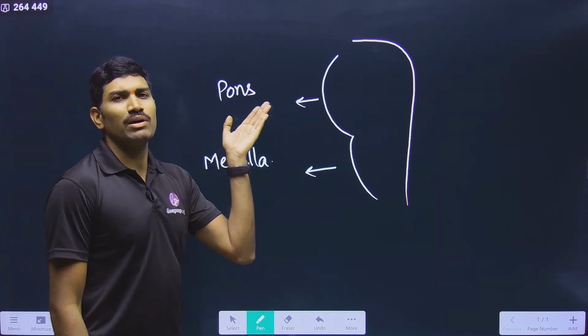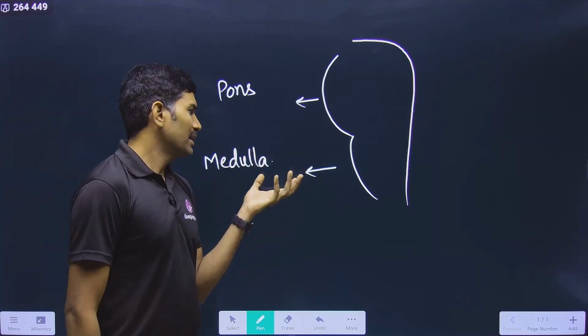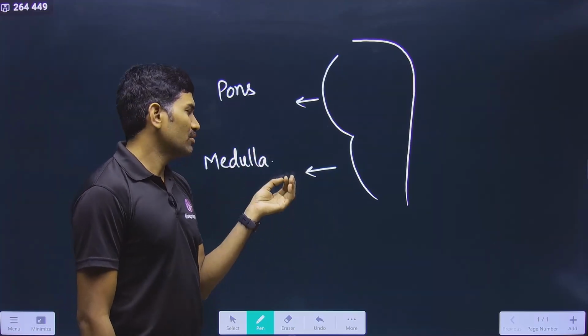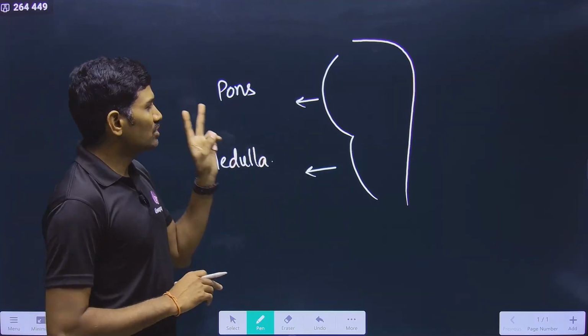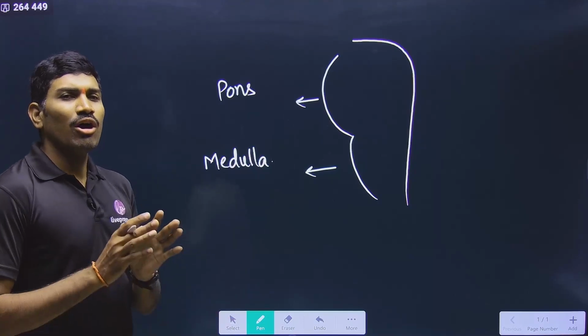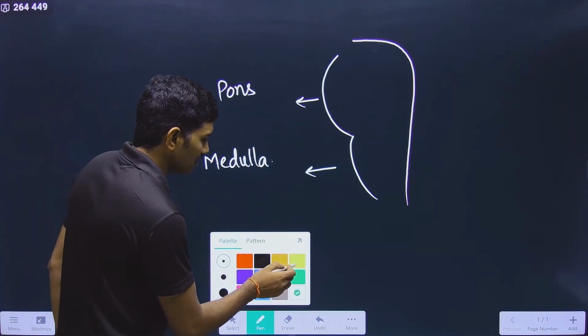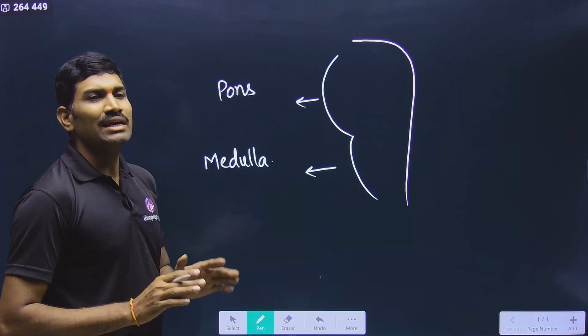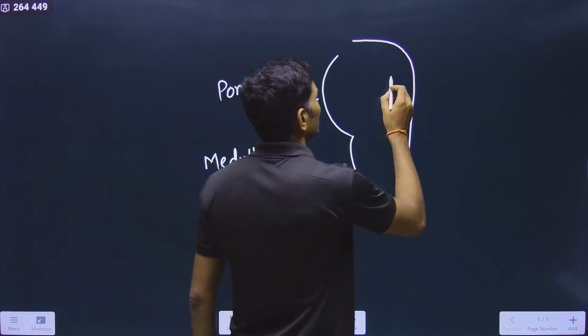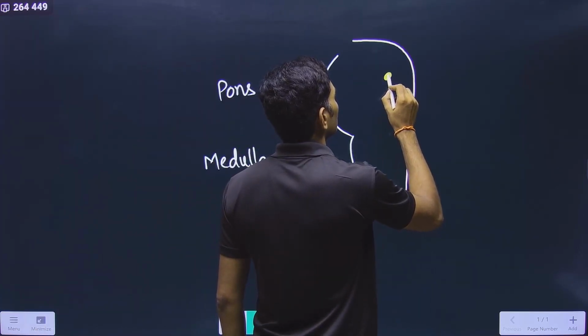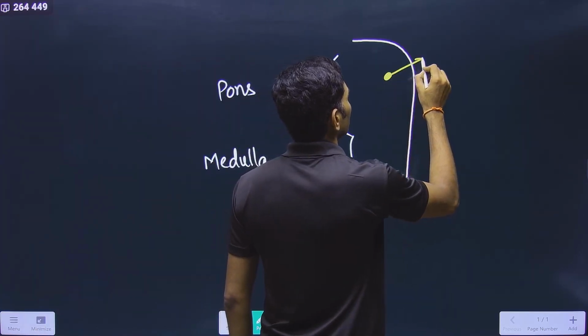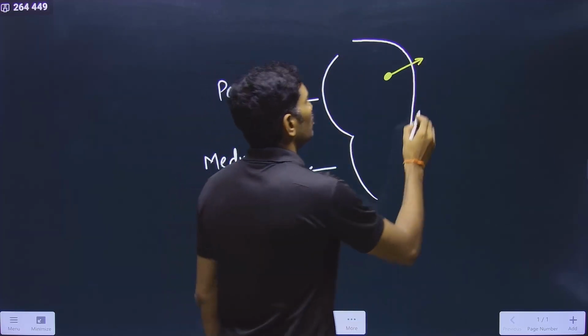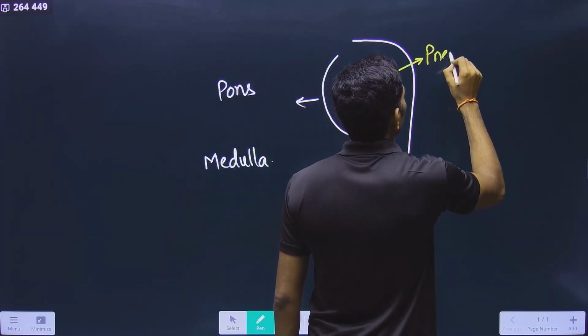Instead of writing pons varolii, you can simply write pons, and instead of medulla oblongata, you can simply write medulla. These are the two important things. Let us observe carefully how NCERT has given the information. In the NCERT they are saying that within this pons there is a region called the pneumotaxic center.